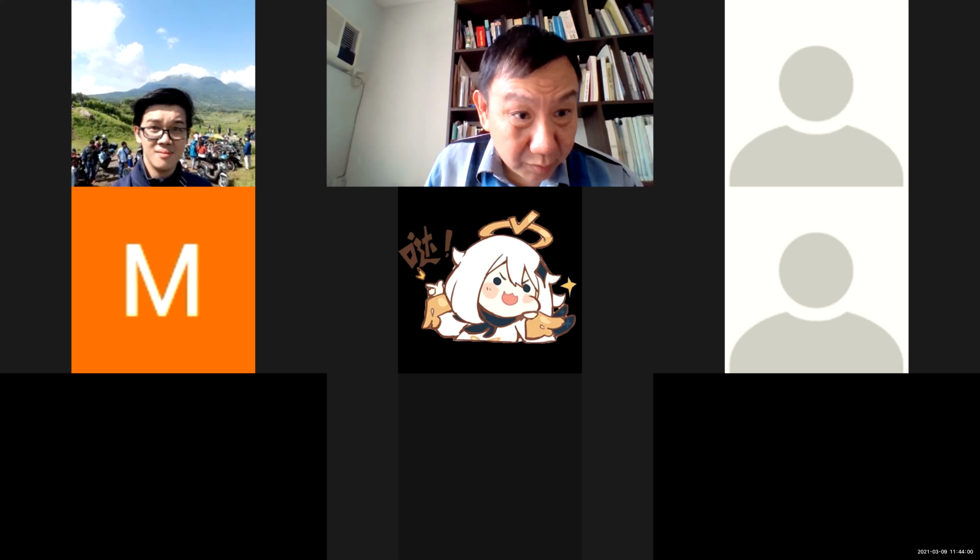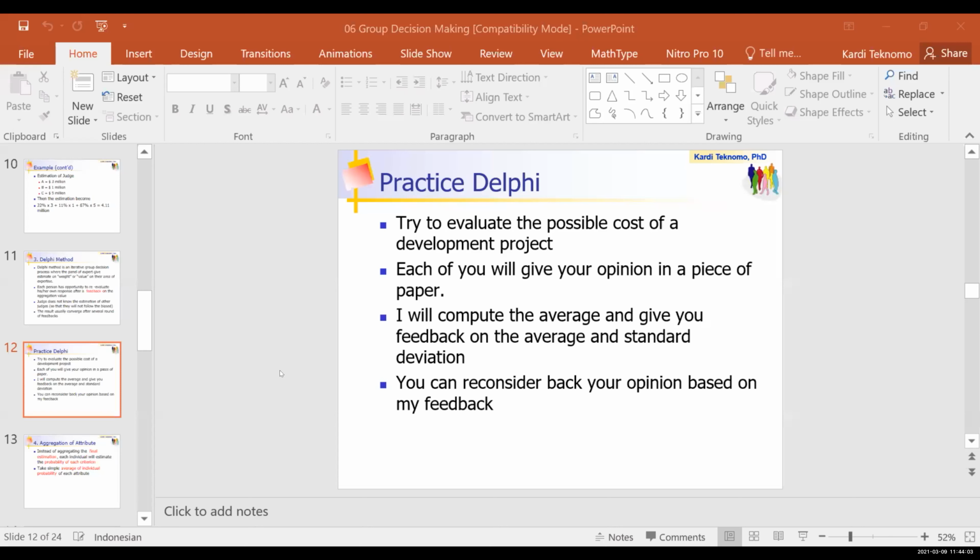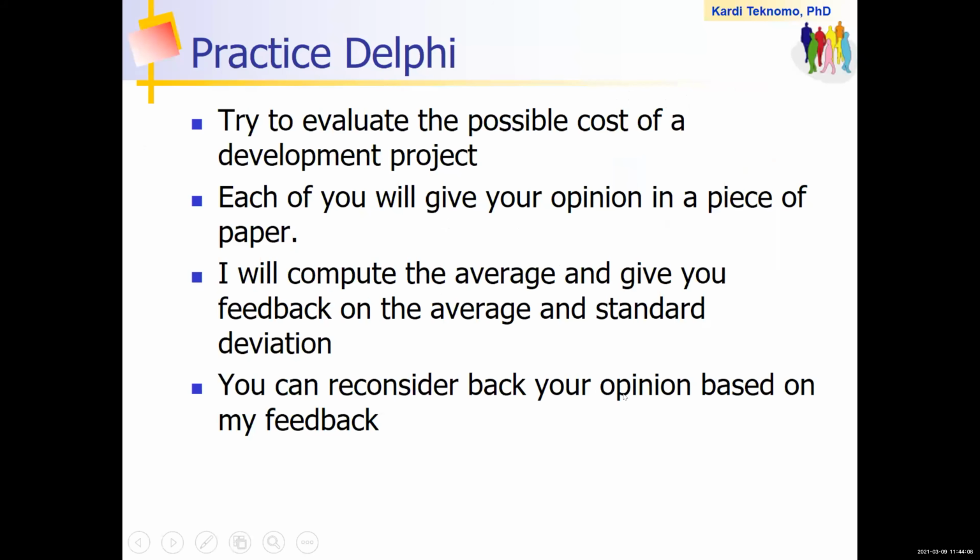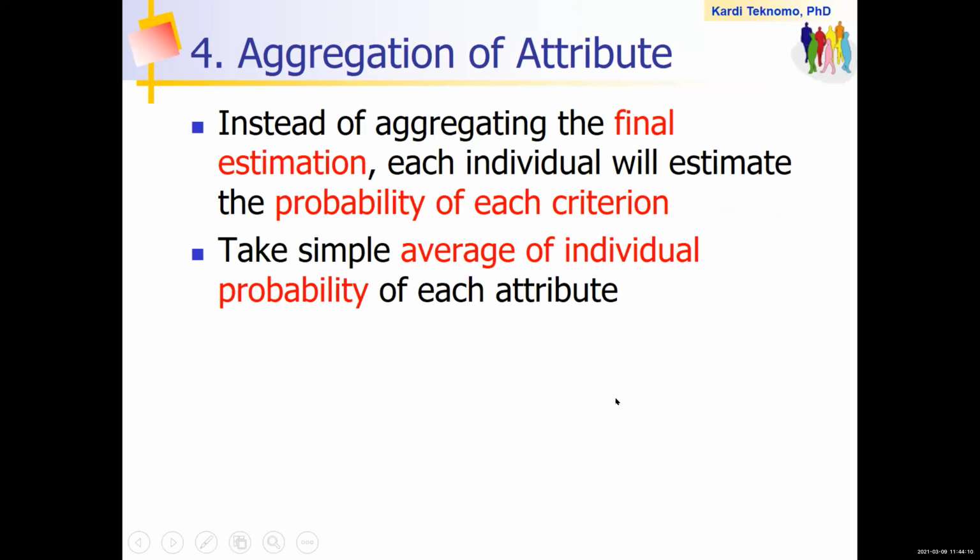So let's continue then. Another method now: instead of aggregating the value, you aggregate the attribute. In this case, each individual will estimate the probability of its criterion, and then you take the simple average of the individual probabilities on each attribute.